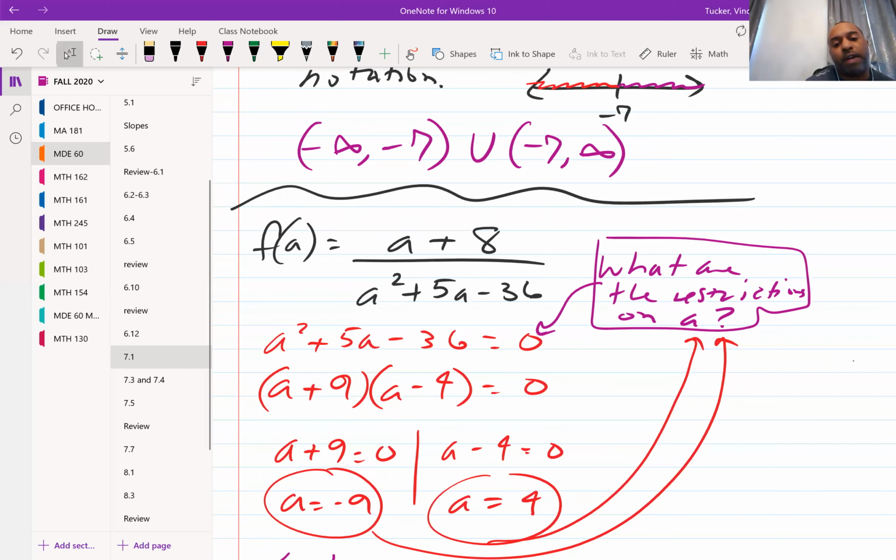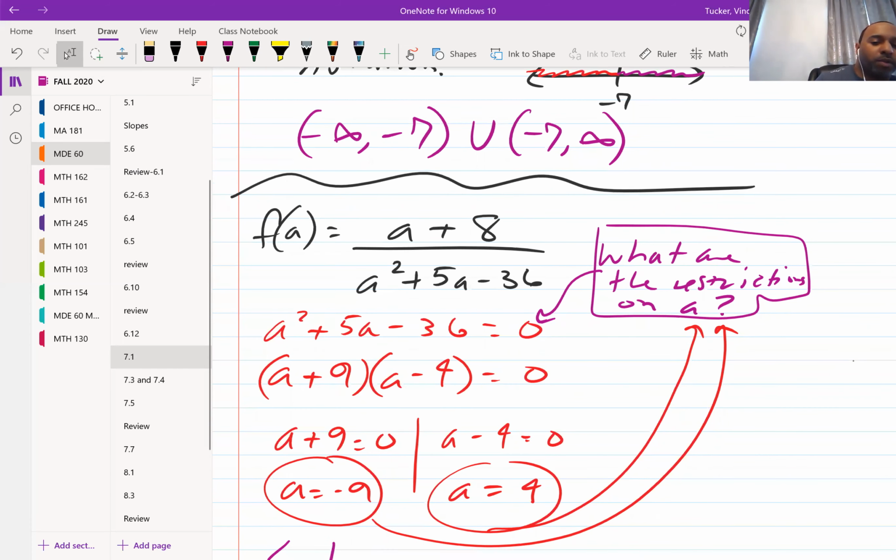So a squared plus 5a minus 36. You will factor that out to a plus 9, a minus 4. Set each part equal to 0, and that'll give you a equal to -9 and a equal to 4 once you finish solving.